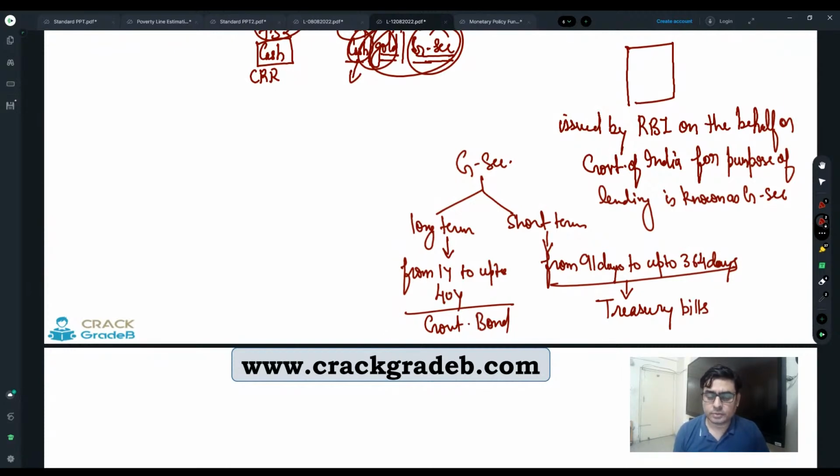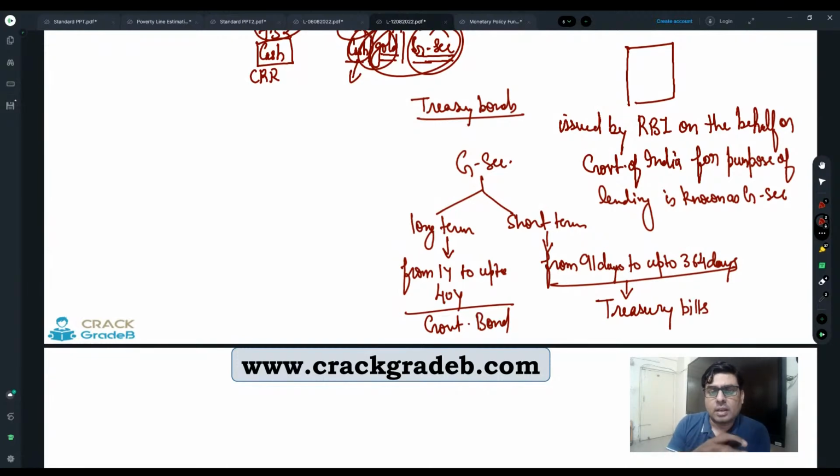Whereas if you are referring to sources like Investopedia, they will not mention government bond or treasury bills. They are going to mention it as treasury bonds. So any paper which is issued by the Federal Reserve on behalf of the US government in order to borrow money for the US government is known as a treasury bond.